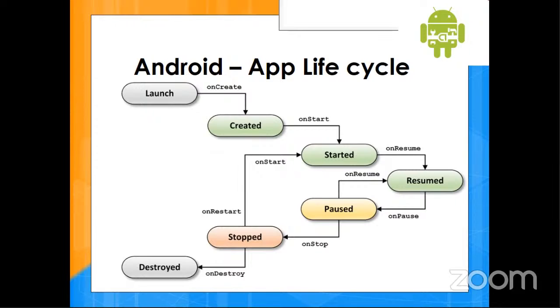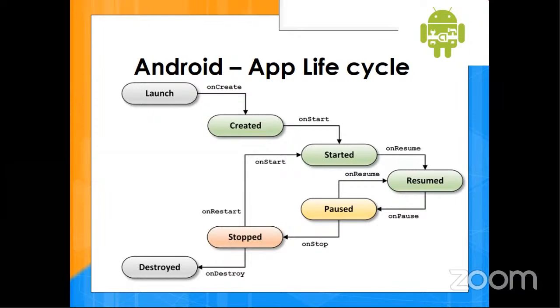And again, when you click the WhatsApp icon, from where you stopped it continues from that place only. That mode is called the on resume mode. On close means the entire application has been stopped. That is called the on close or on stop mode.